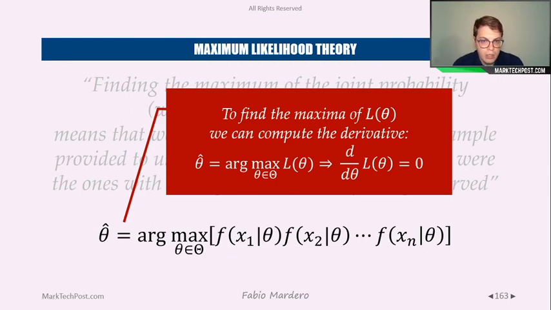How can I then find this estimator? Well, I need to find the maxima of the likelihood function, and I can do it by computing the derivative, because I know that if theta is the value for which L assumes the maximum value, it means that at that point the derivative of L is equal to 0.